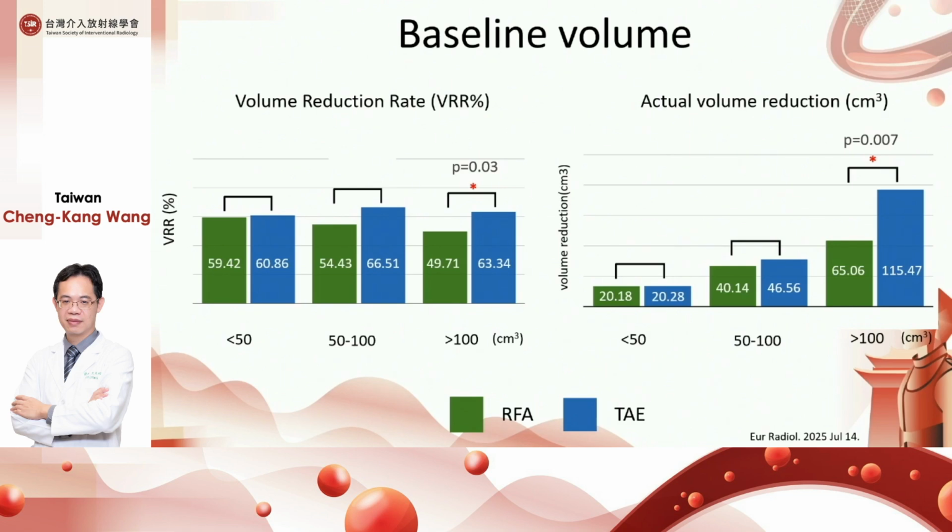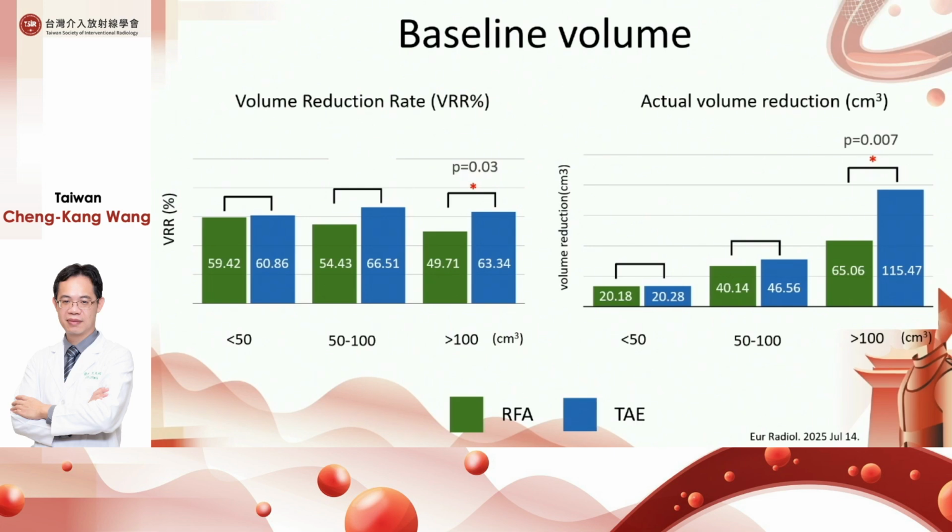So we divided enrolled patients into 3 groups by volume, which are less than 50, 50 to 100, and larger than 100 milliliters. In patients treated with RFA, we found that the larger nodules tend to have a lower volume reduction ratio.